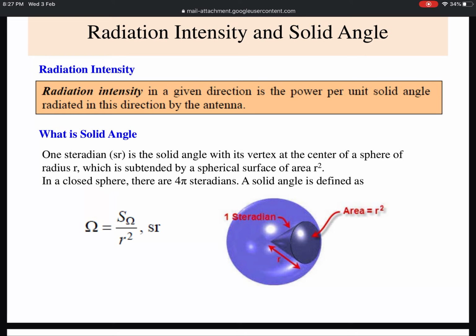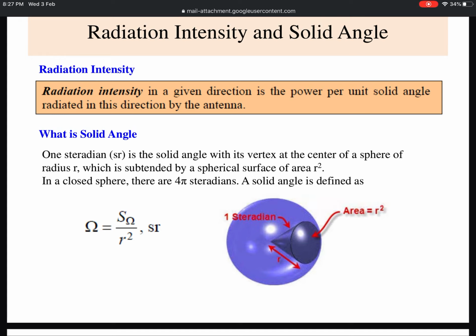Similarly, if you consider the total surface area of the sphere, 4 pi r square divided by r square is 4 pi. So the sphere has a total of 4 pi steradian. 1 steradian is defined by the area r square subtended with the vertex r. This is a very important quantity, and in the elemental case it will be dS by r square, or dΩ equals dS by r square.